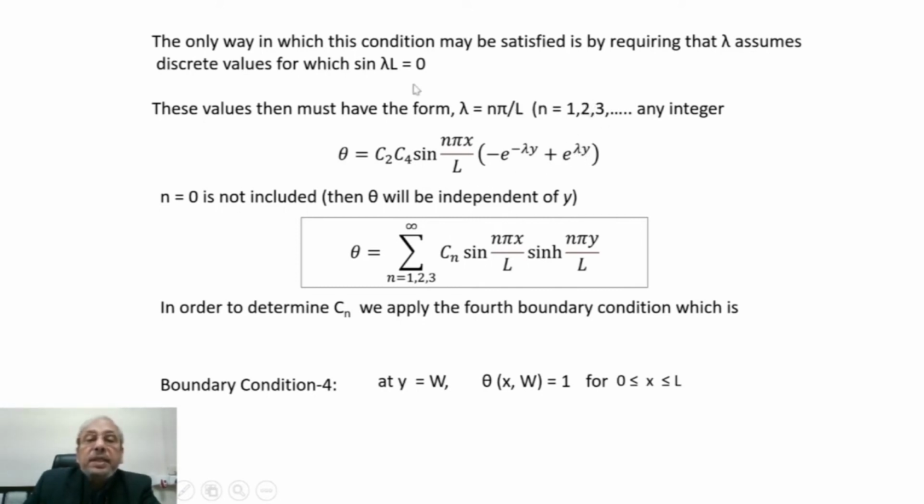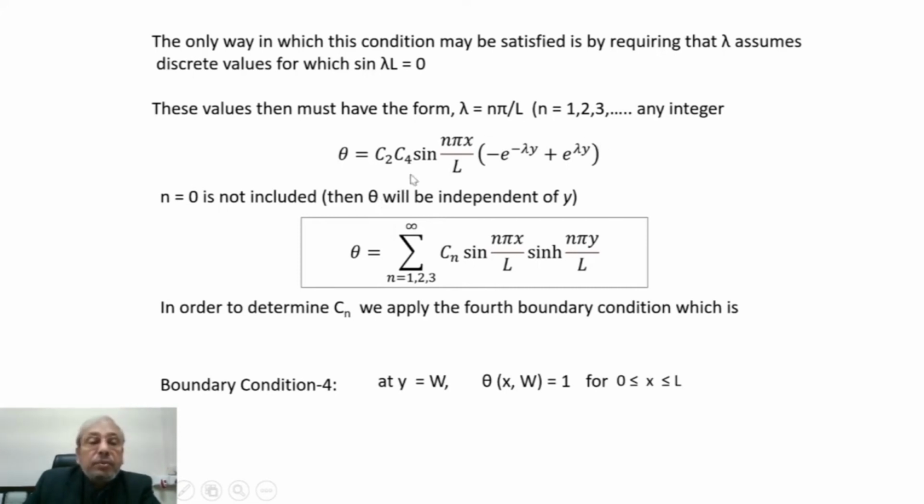Now you can see n equal to 0 also satisfies this condition, but we will exclude it, because then theta will be independent of y. If n equal to 0, lambda equal to 0, and we get rid of this part.